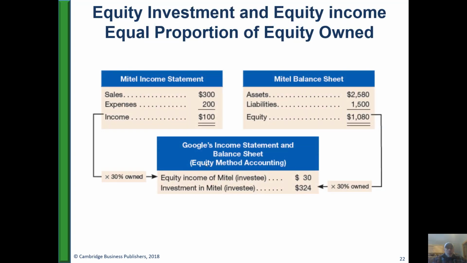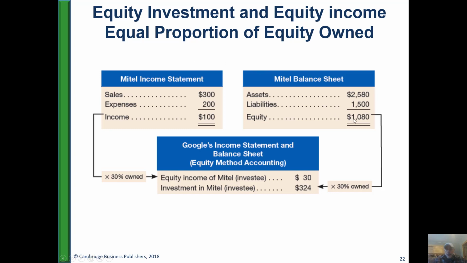Okay, so on this chart here you can see how the income statement and the balance sheet are both reflecting the transactions that we just walked through. Our equity investment in Mattel is 324. You can see Mattel's income statement and Mattel's balance sheet.